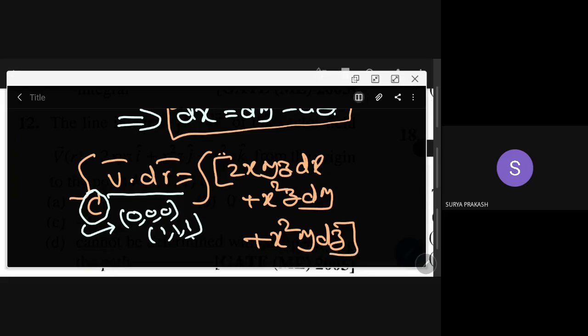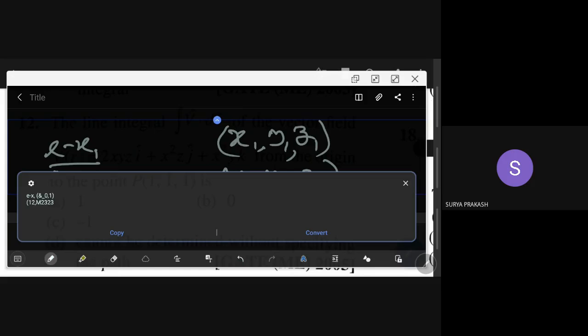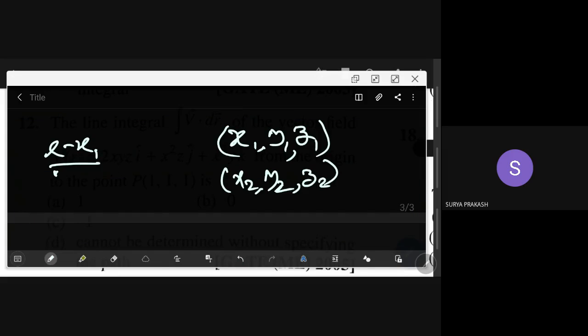And we know that the equation of the line connecting x1, y1, z1 and x2, y2, z2 is (x minus x1) by (x2 minus x1) is equal to (y minus y1) by (y2 minus y1) is equal to (z minus z1) by (z2 minus z1).